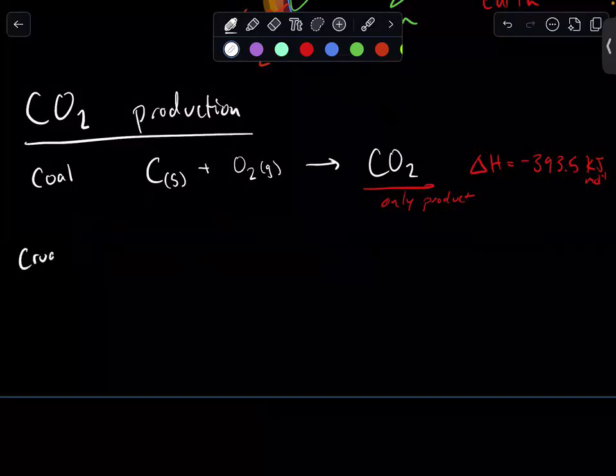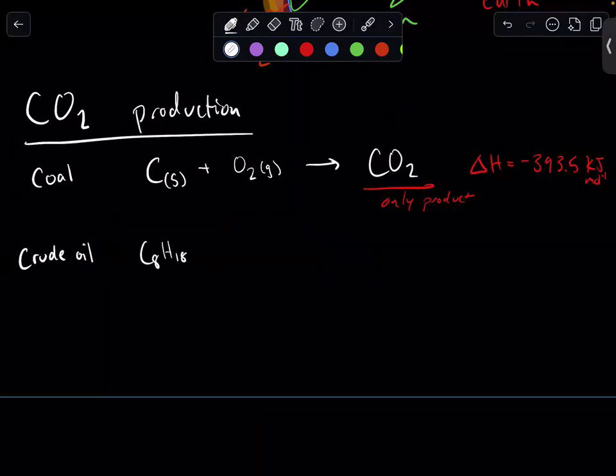Now, crude oil is a little different. For our examples, I'm going to be using octane, C8H18, plus, and I'm going to be using decimal coefficients, 12.5 oxygen gas. Sorry, this is liquid. That's going to produce a total of 8 carbon dioxides plus 9 H2O. I'm going to throw in my state symbols.